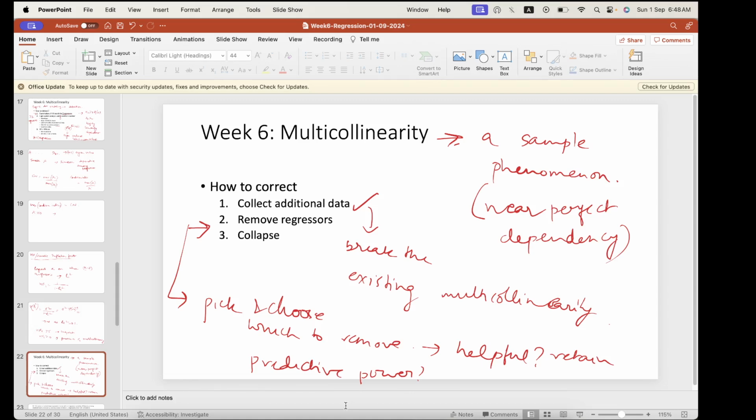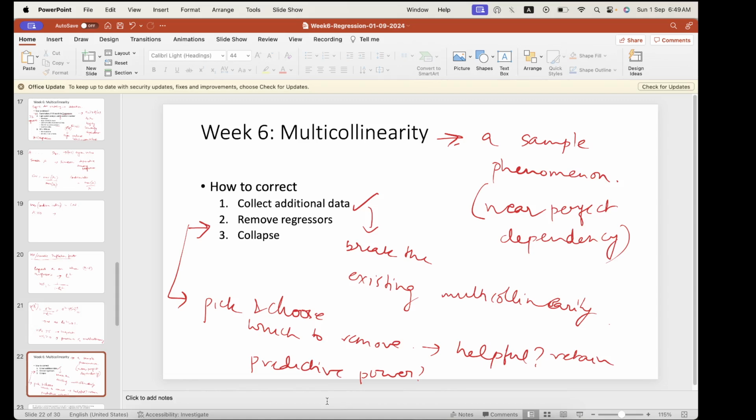Mindlessly removing regressors will actually harm the modeling purpose. We have to choose which ones to remove, and we cannot afford to remove significant and very relevant variables. So some sort of judgment and discretion is necessary if we do decide to remove regressors.